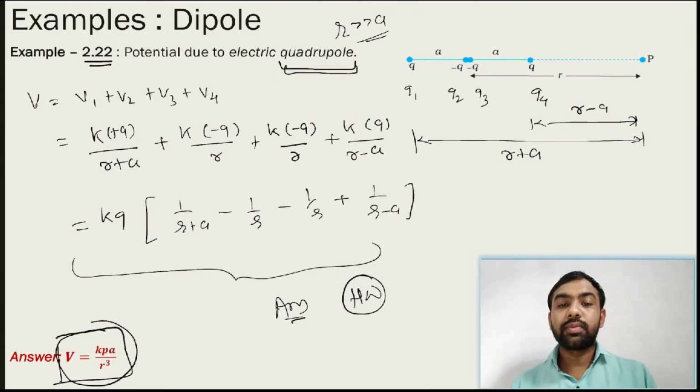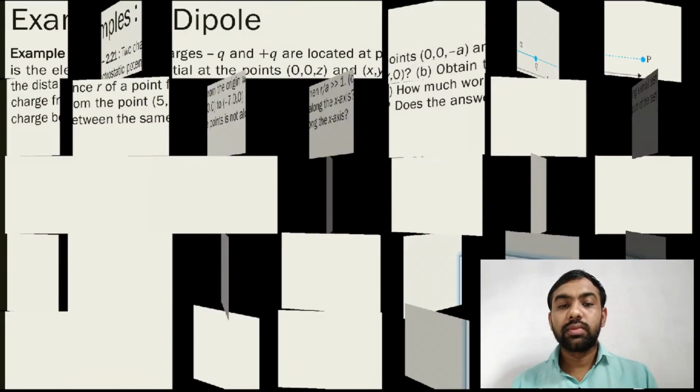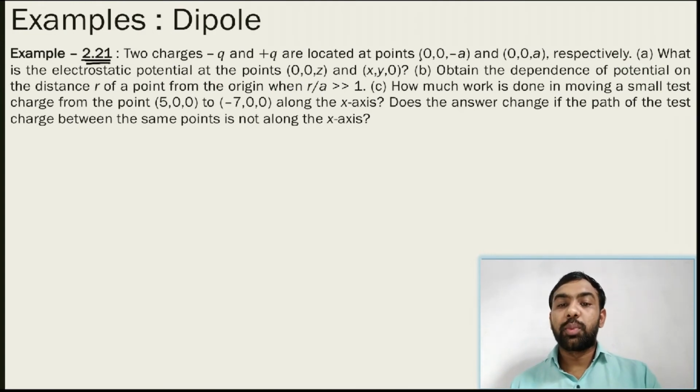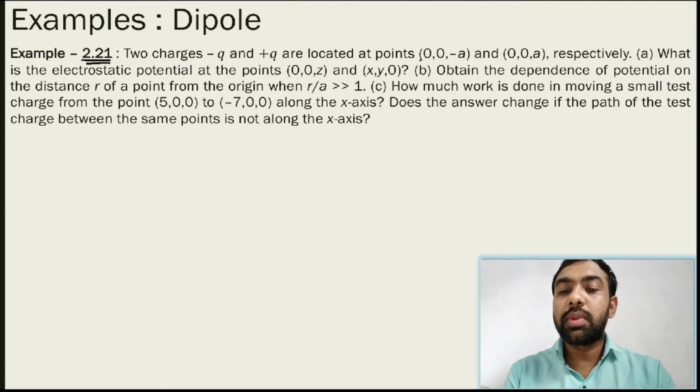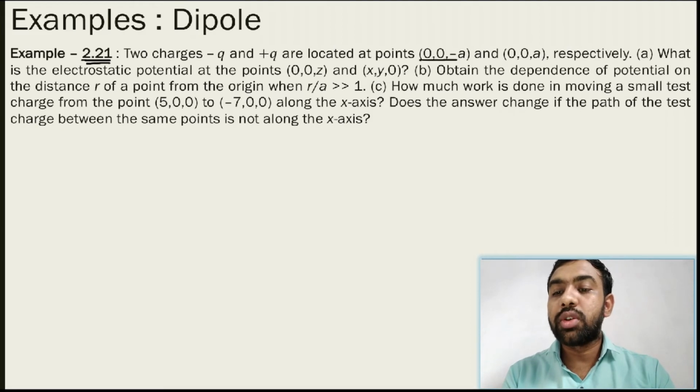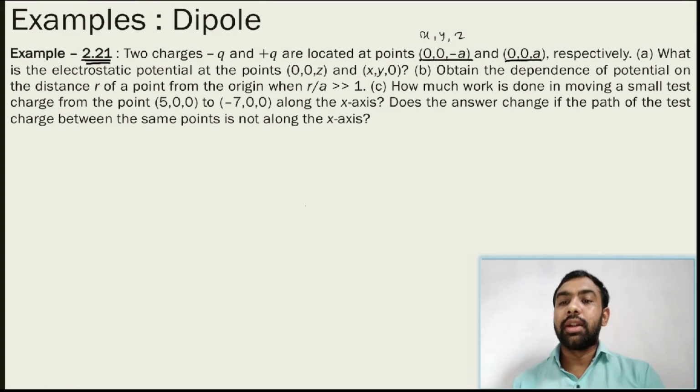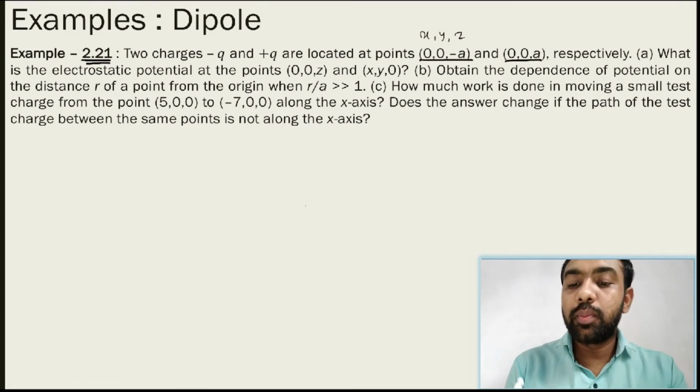Let's see the next one. It is example number 2.21 from the textbook. Two charges minus q and plus q are located at 0 0 minus a and 0 0 plus a respectively, on the z axis. Okay, so let's consider this is the z axis.